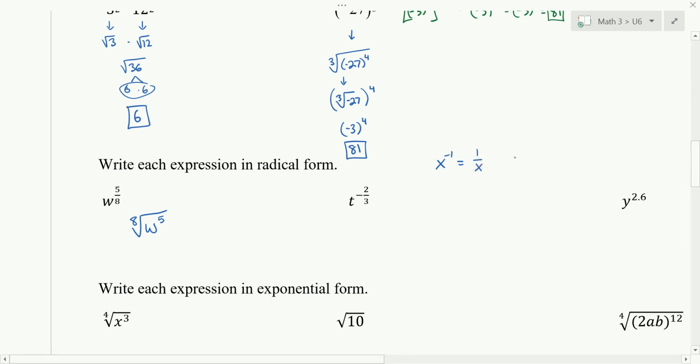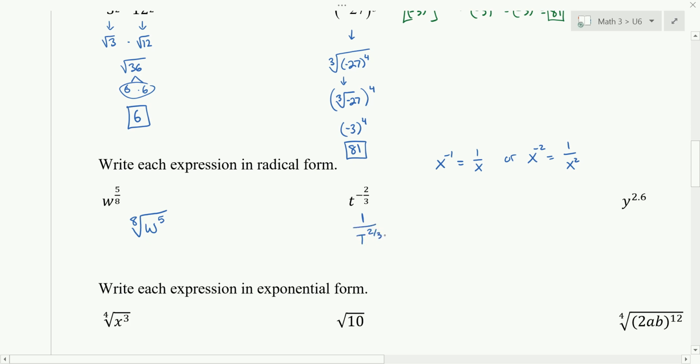Or if I have x to the negative 2, that would be 1 over x squared. So you take whatever that expression is, put it in the denominator of the fraction, and get rid of the negative exponent. Okay, so here we have t to the negative 2/3. So we're going to rewrite that as 1 over t to the positive 2/3.